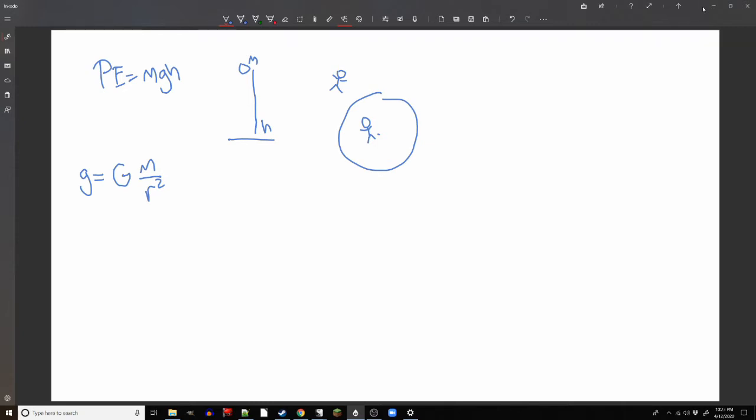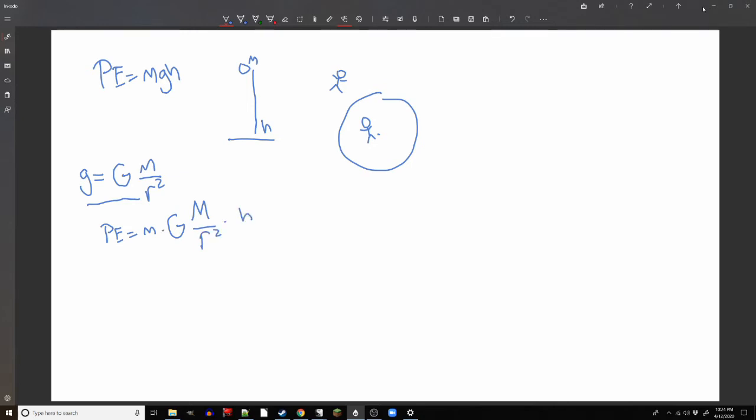So we're going to sub that g equation here back into the PE equation. So the gravitational PE is the little m first from here times, now we're going to sub this in, big G, and this is a big M, over r squared times h.